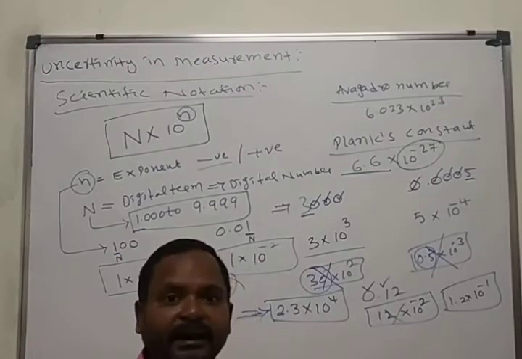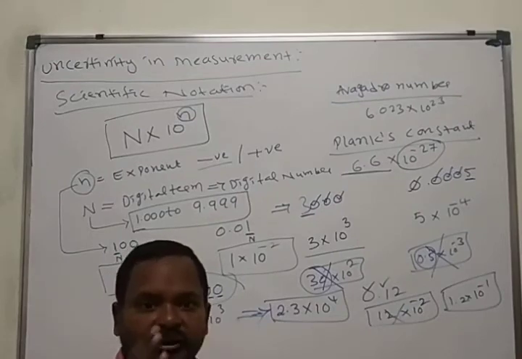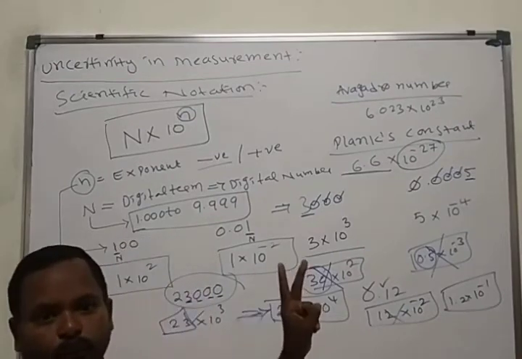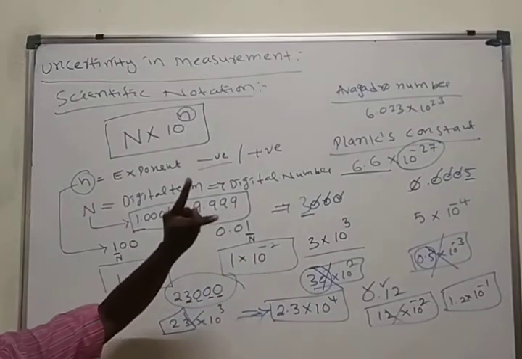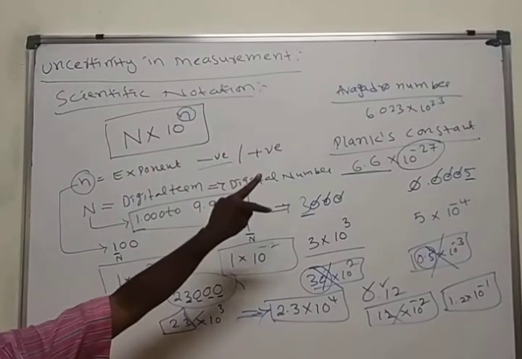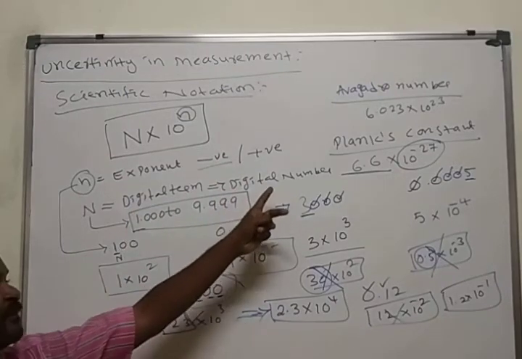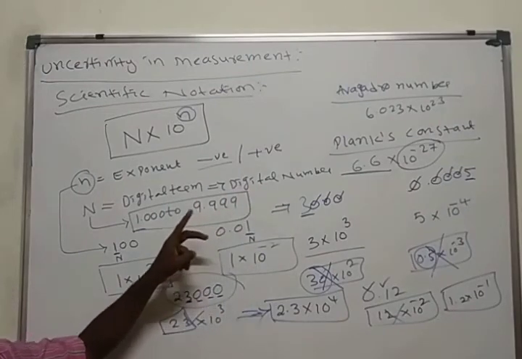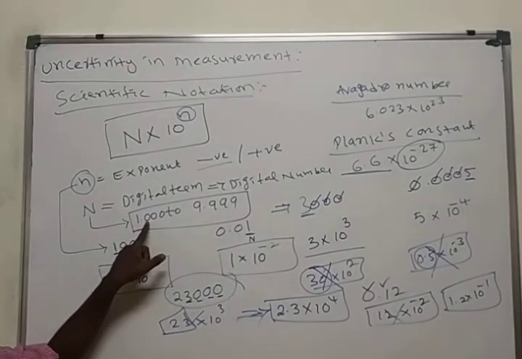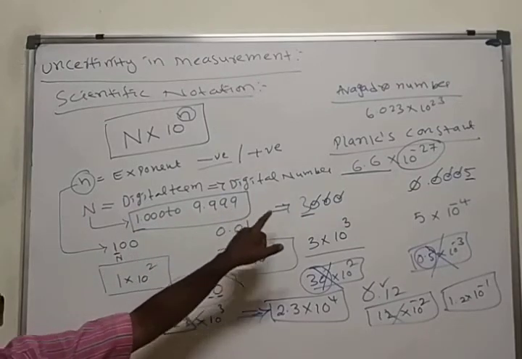When we are writing the scientific notation form of any number, we should consider two things: one is small n and the other is capital N. What is the capital N? The digital term. This digital number should always be between 1.000 and 9.999.